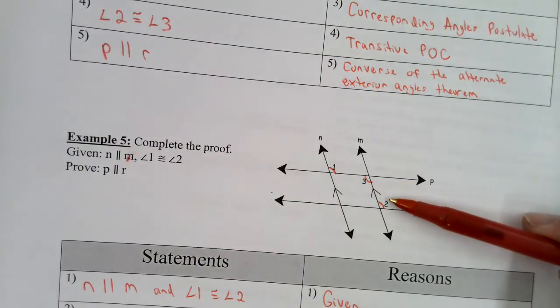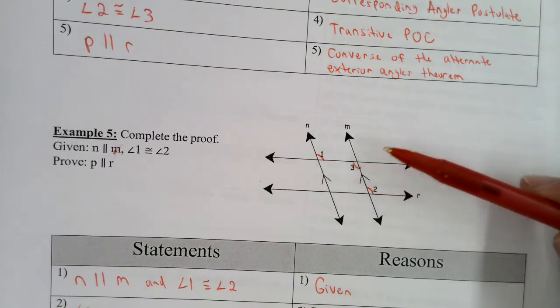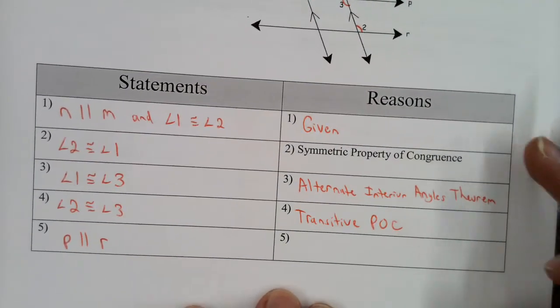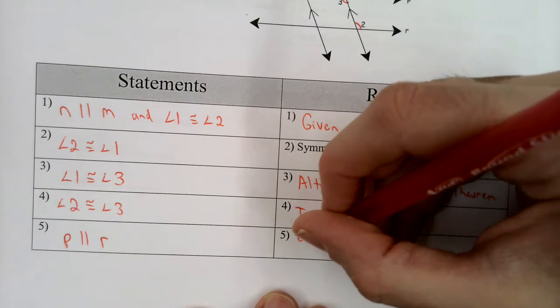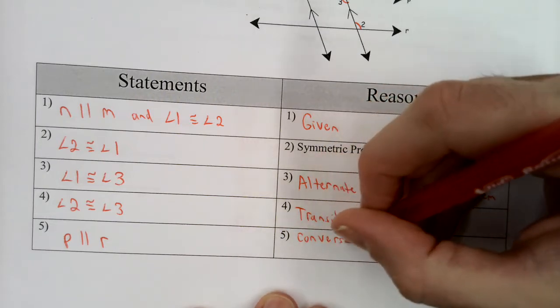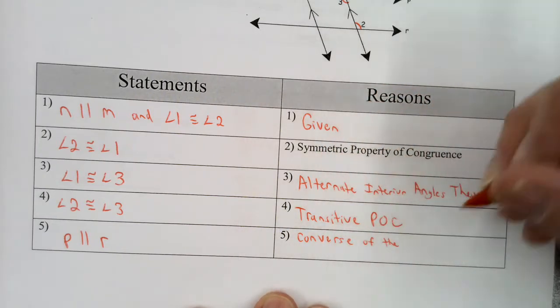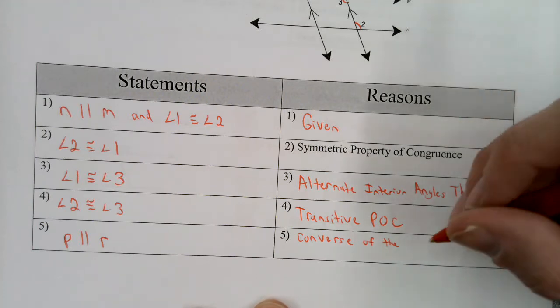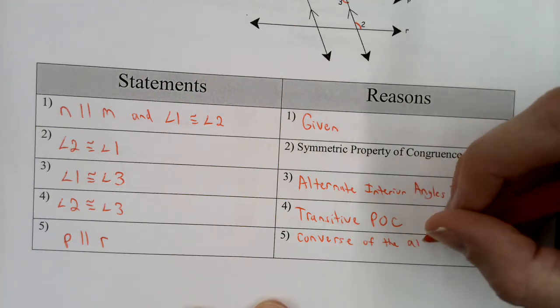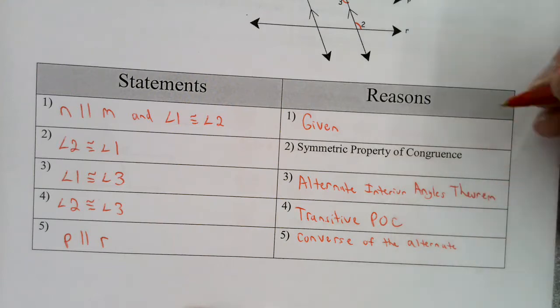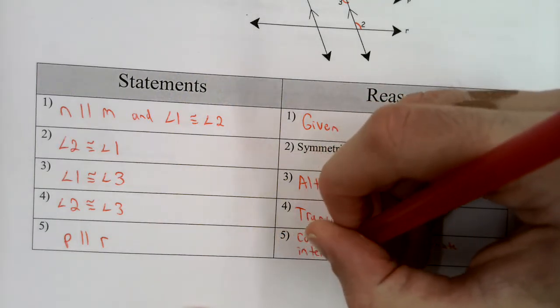And that's what we have now. We have 2 and 3 being alternate interior angles, and we have them congruent. So I can say the lines are parallel. So I'm going to say that's the converse of the alternate interior angles theorem.